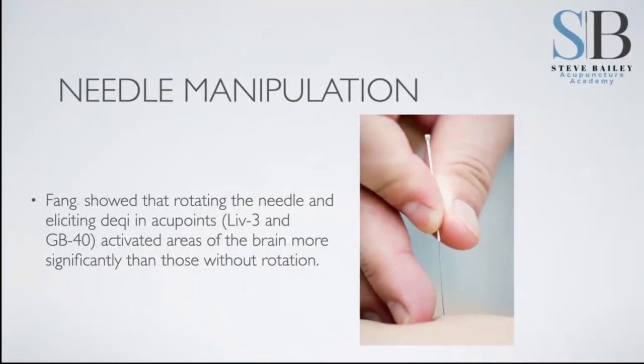So the 3 main needling techniques are putting the needle in and just leaving it, putting the needle in and gently rotating it back and forth, or putting the needle in and using more of a piston motion, gliding the needle up and down, or gliding it up and down and rotating the needle at the same time.